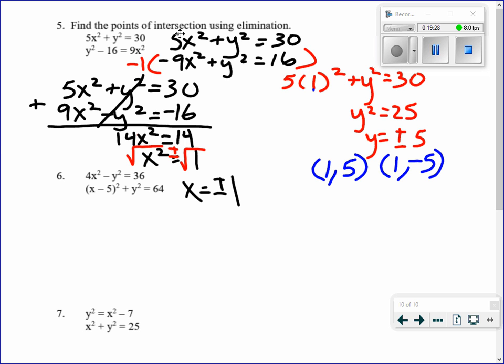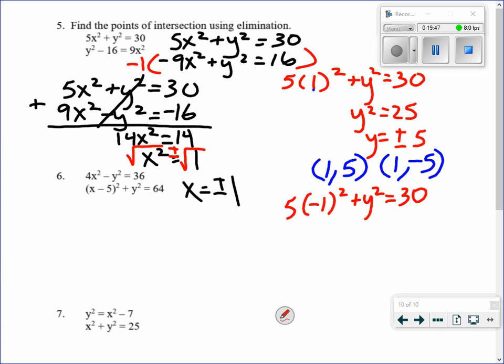So inputting now for -1, same thing's going to happen, right? 5 times -1 squared would still become 5.